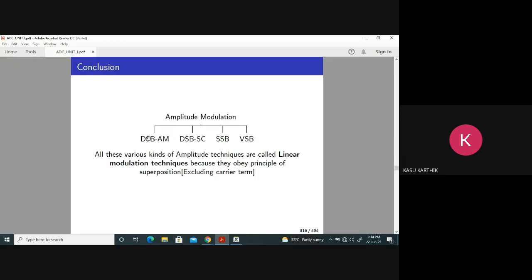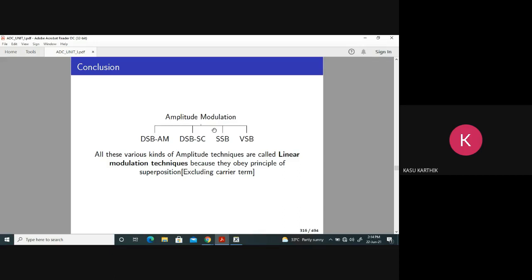DSB SC: in this technique we had two sidebands and one carrier at FC. We have removed the carrier, and we call it DSB SC, which has only two sidebands. In SSB, we remove one of the sidebands, we call it single sideband modulation. In VSB, we transmit one sideband almost completely, and some portion of the other sideband also.